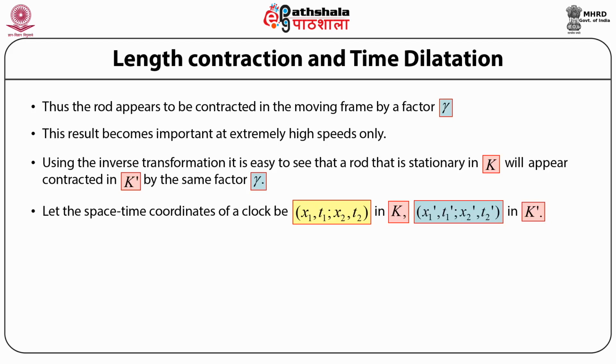So these same coordinates in the K prime frame of reference would be given by x1 prime, t1 prime and x2 prime, t2 prime. Now, if the clock is at rest in the K prime frame of reference, then x1 prime is equal to x2 prime.